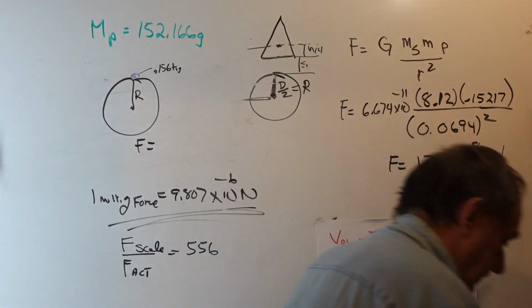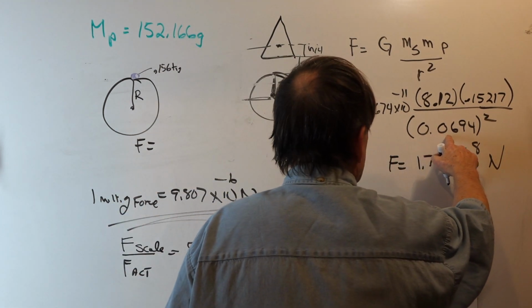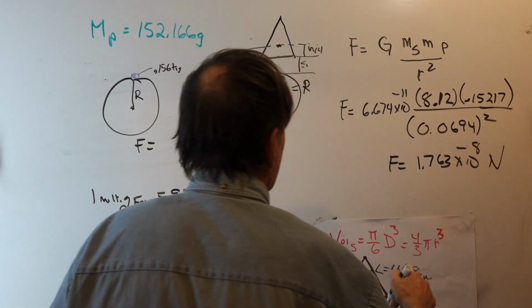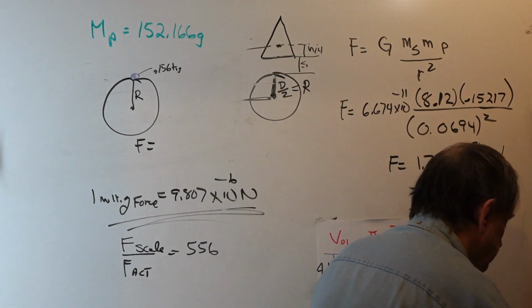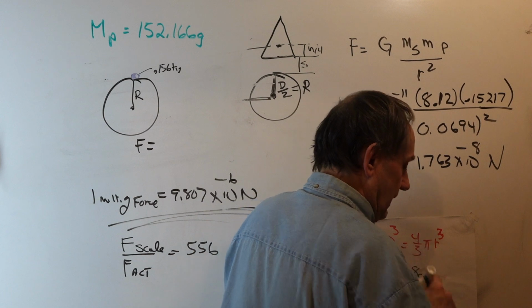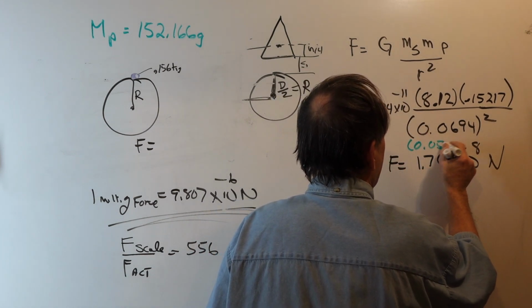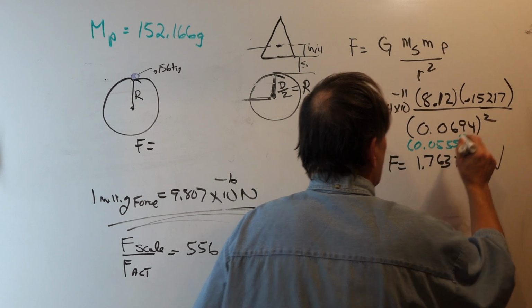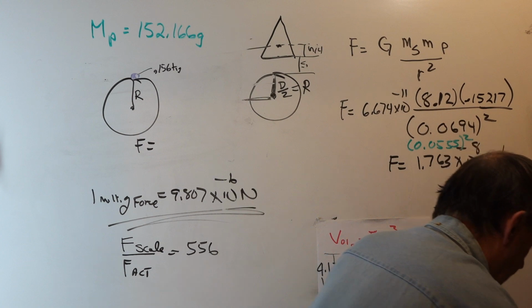And if we calculate that out, rather than 0.0694, what we would be using for our radius is 0.0555 squared. So it's a smaller number, so the force is going to go up accordingly.